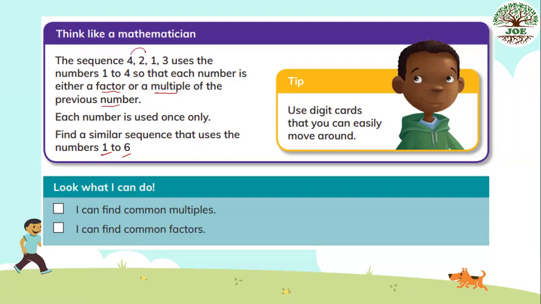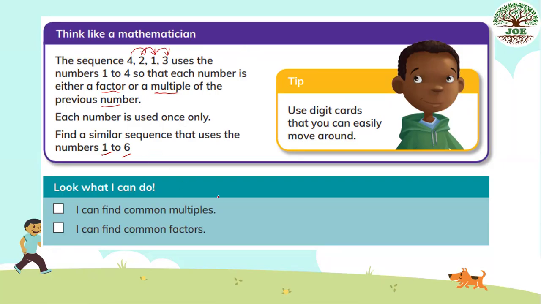Here, 4 becomes 2, so 2 is a factor of 4. And 2 becomes 1. 1 is a factor of 2, since 1 times 2 is 2. Then 1 becomes 3. 3 is a multiple of 1, since 1 times 3 is 3.